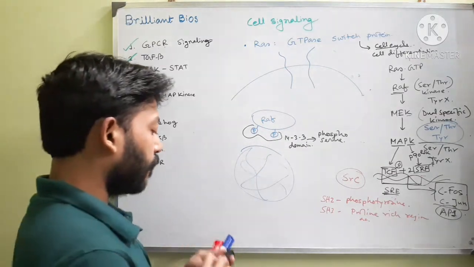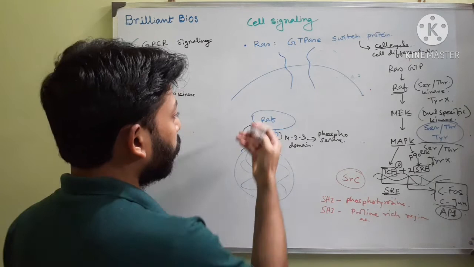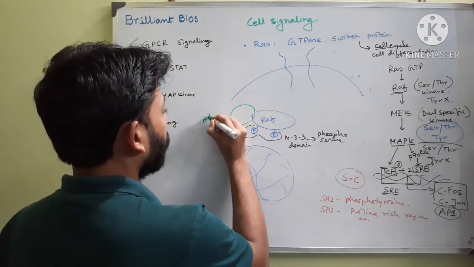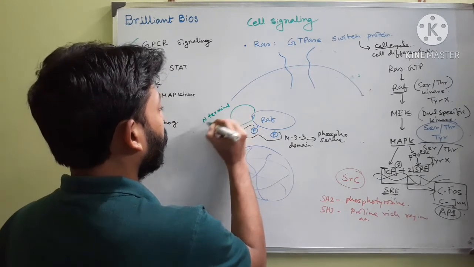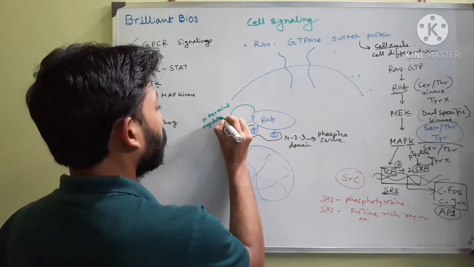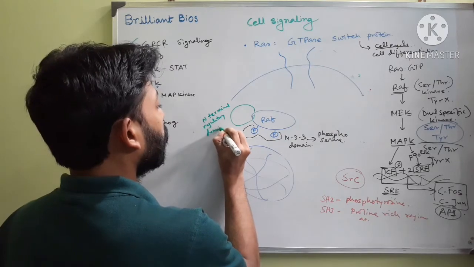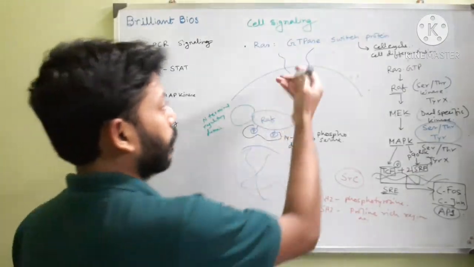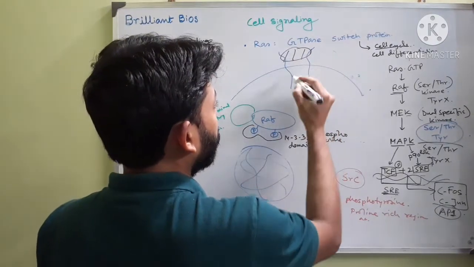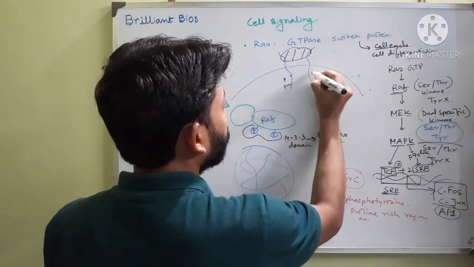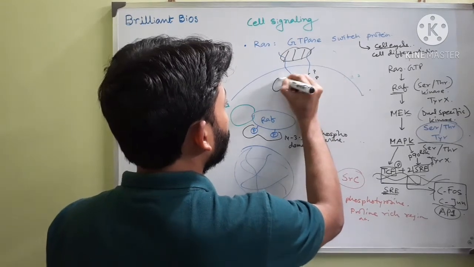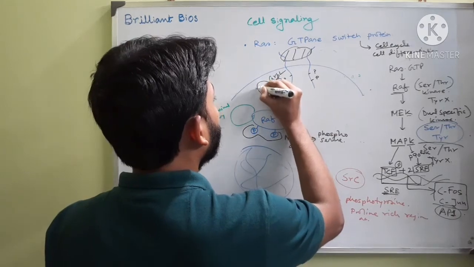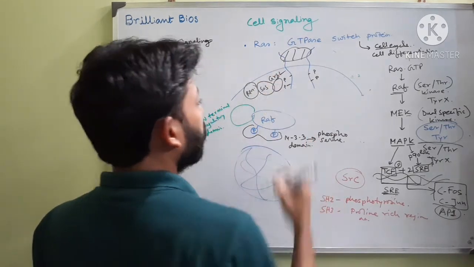But RAF has an N-terminal regulatory domain. I have mentioned that when a growth factor binds with the receptor, the receptor gets phosphorylated, then GRB2 binds, then SOS binds, then RAS gets activated.